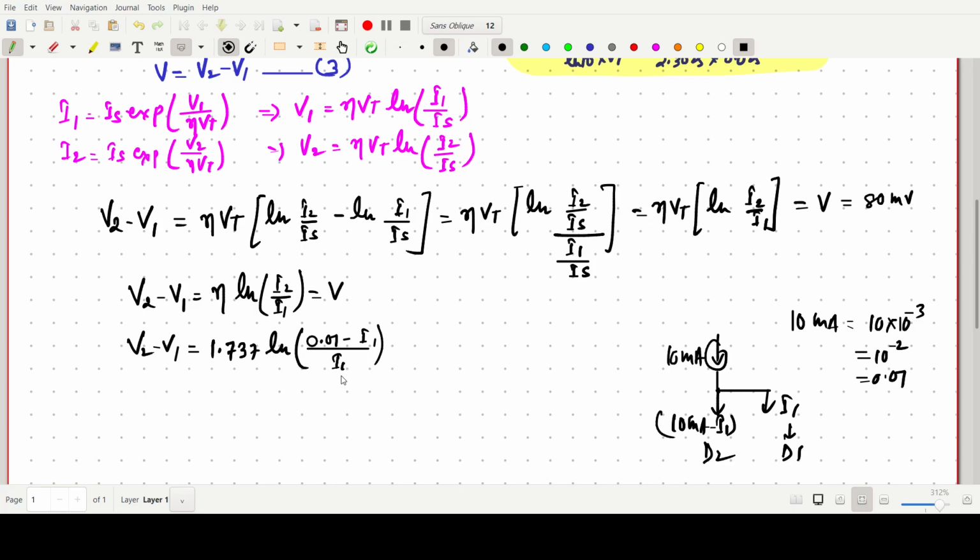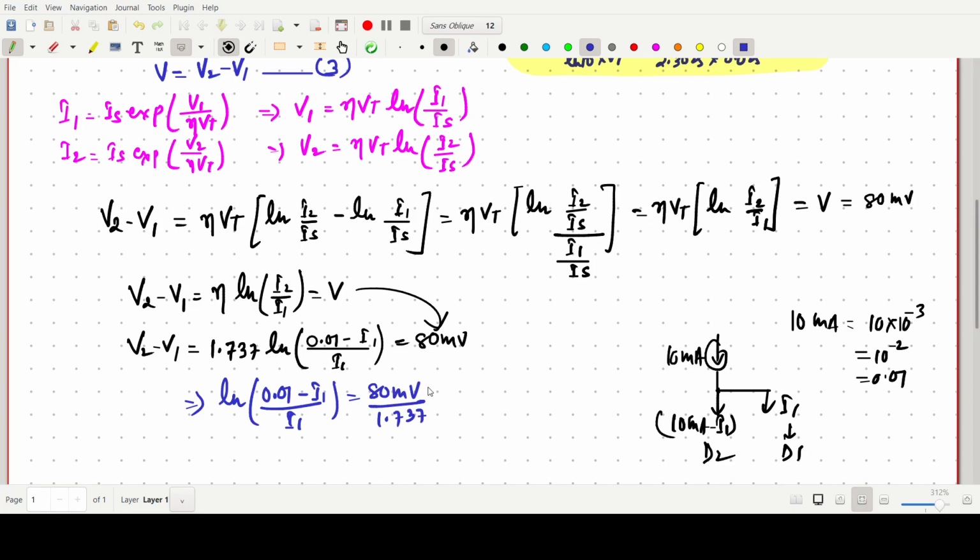So now from here we have to find I1, because this V is given as 80 millivolt. V2 minus V1 equals this, so no need to worry about V2 minus V1. Now we have to find the value of I1. So (0.01 minus I1) by I1 equals e to the power 80 millivolt by 1.737.